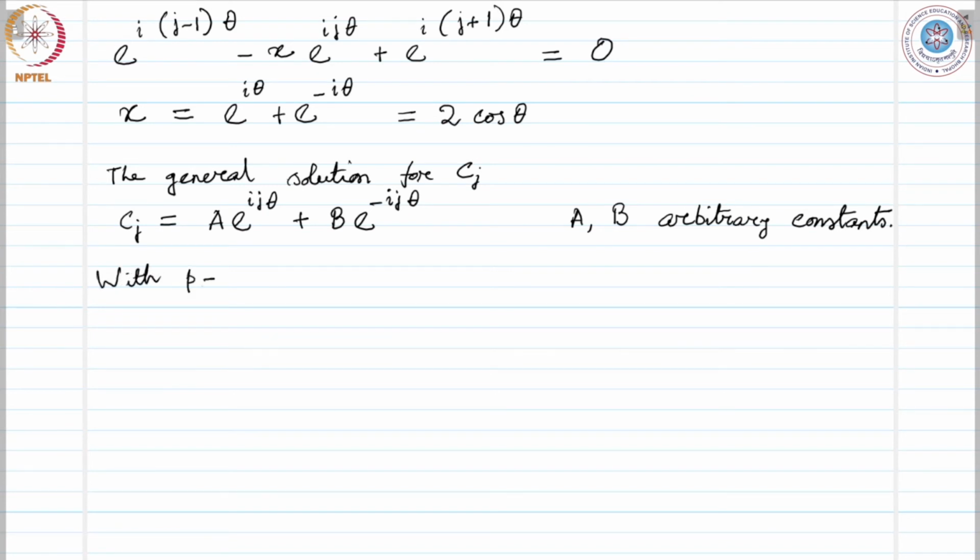So, if we consider P equals 1, that is the first atom of the chain, we can write C2 equals x times C1.